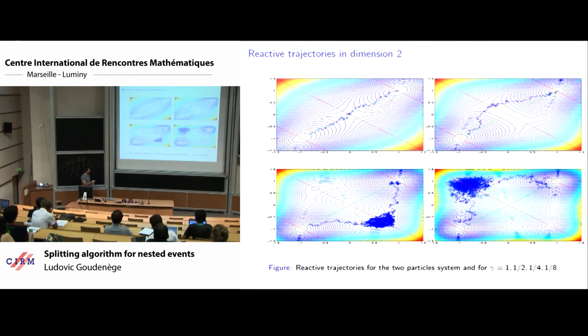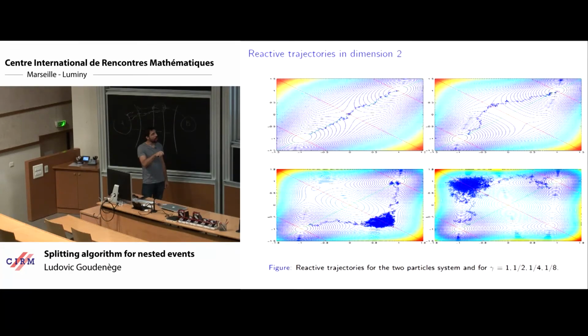The particles want to go to B, but they don't know how to reach B, because I have the level only to help the particles go from A to B, and not to help them go from this point C to B. So the particle will stay a very, very long time in this place, and after that it will go to B.